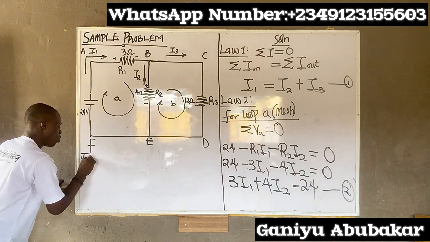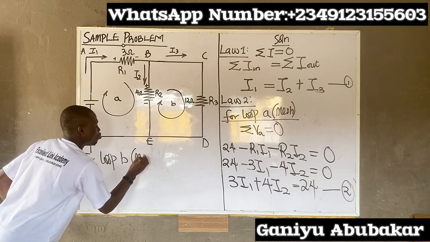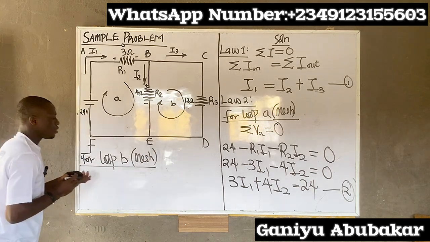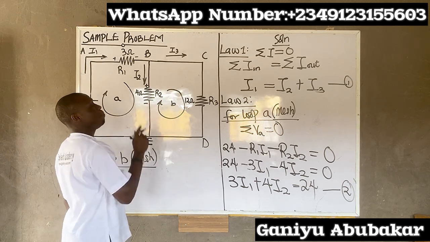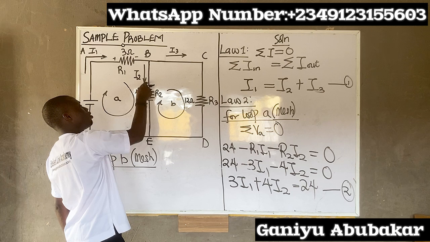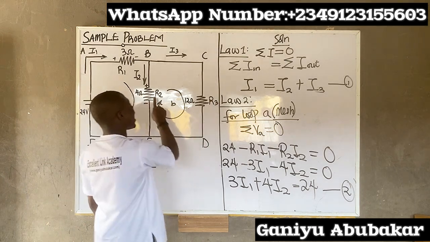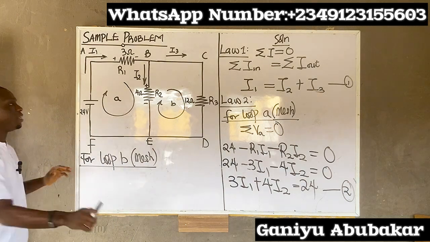For loop B, also called a mesh, I explain why it's also a mesh. This is my loop B. Bear in mind, current moves from positive to negative here in this case. For my loop B, I just have two, that's R2 and R3. Now, observe this movement, please.